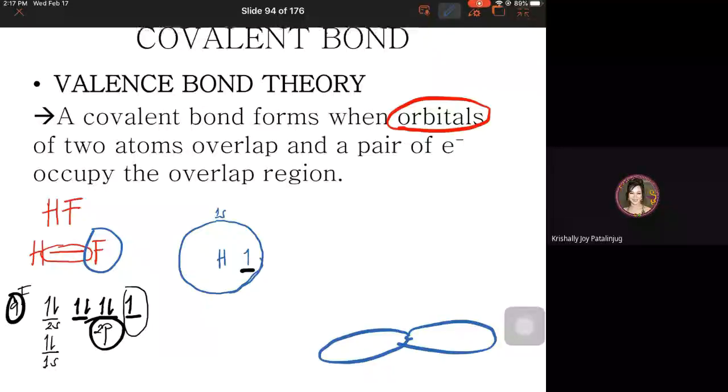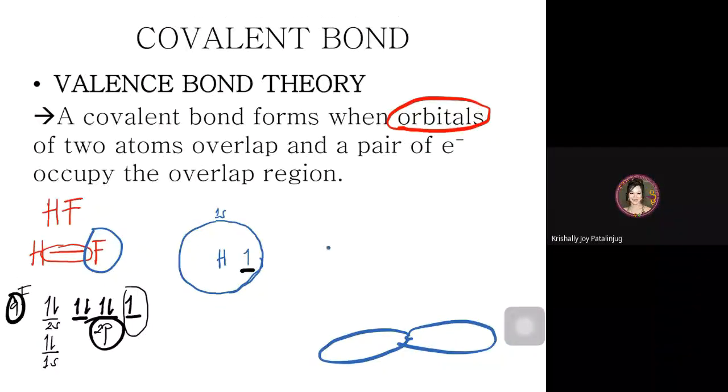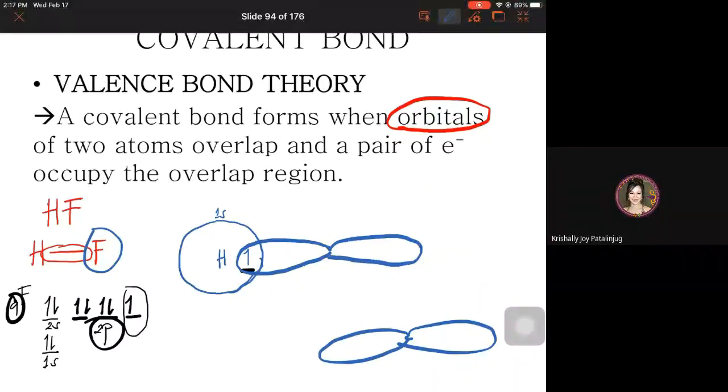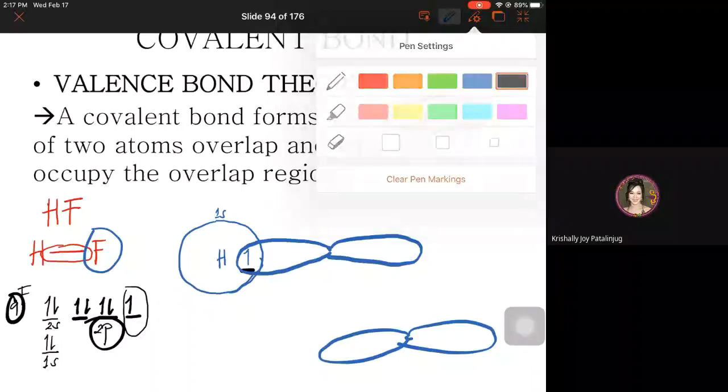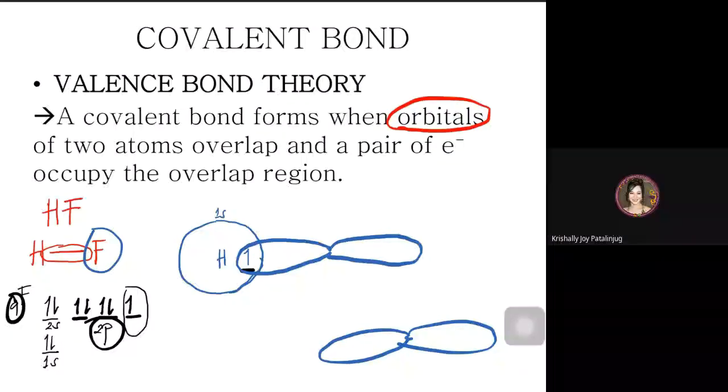So, hypothetical lang, it looks like this. So, parang ganito. So you have one 2p orbital of fluorine, and say, for example, this is fluorine. This is one of its 2p orbitals, which is half filled. Ayan.